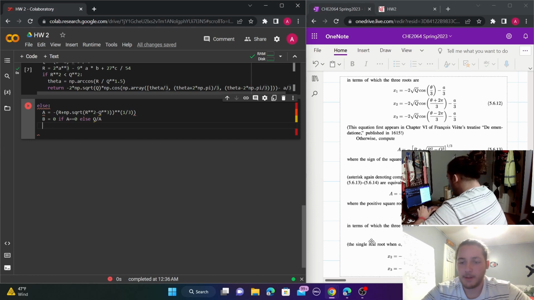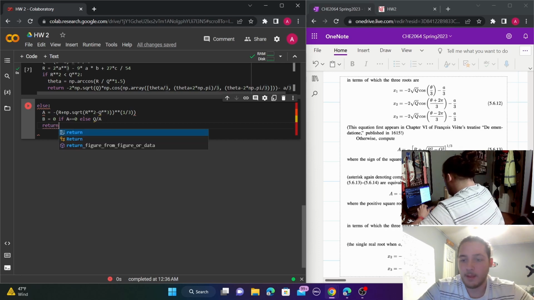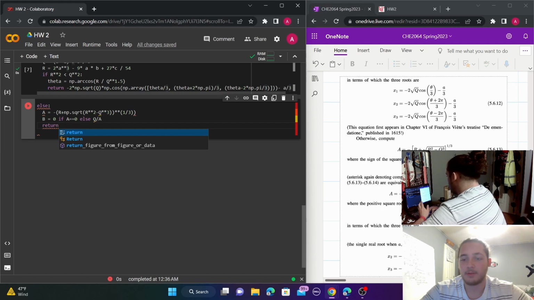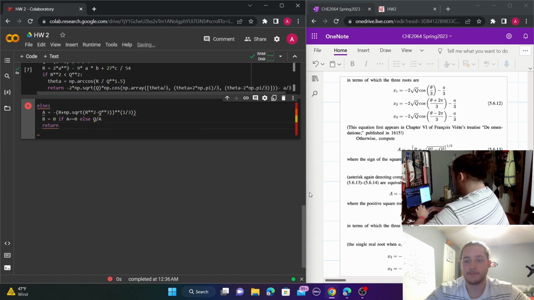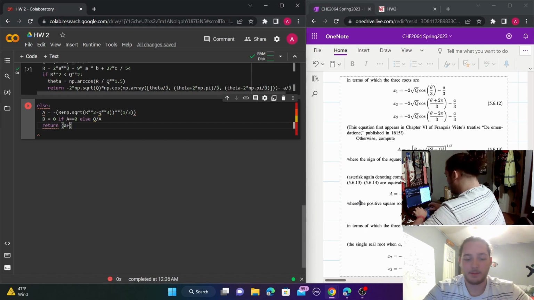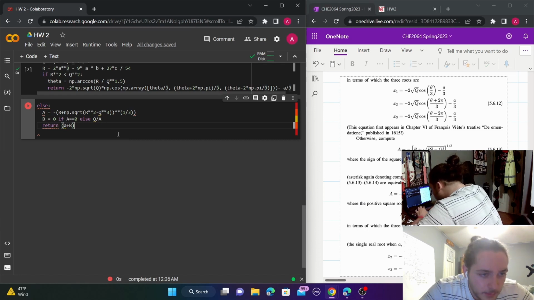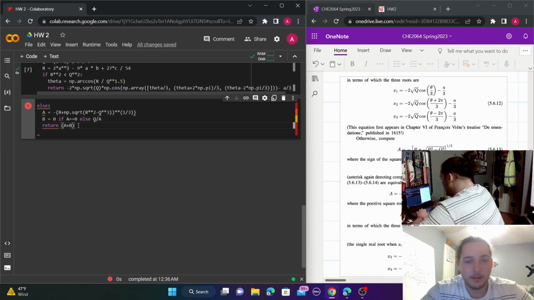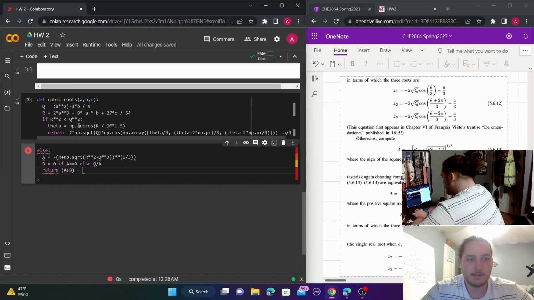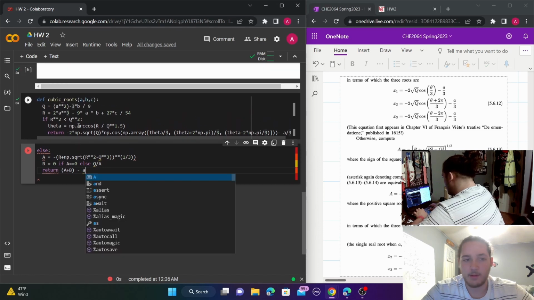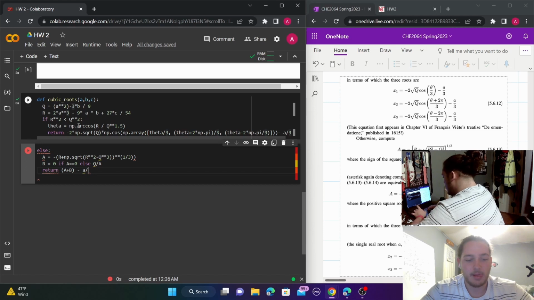And then once we get our b, we can return the equation of the 3 roots. So we can return capital A plus b, and then that is going to be minus a over 3.